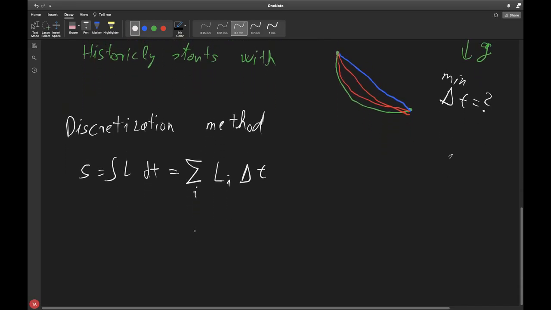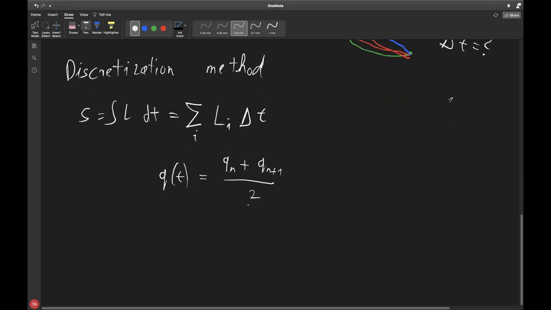We need to make the coordinates discrete as well. So when we speak about the general coordinate q(t), we will use instead q_n plus the next point q_(n+1), divided by 2. This method gives us back the continuous function if we have a ton of points.